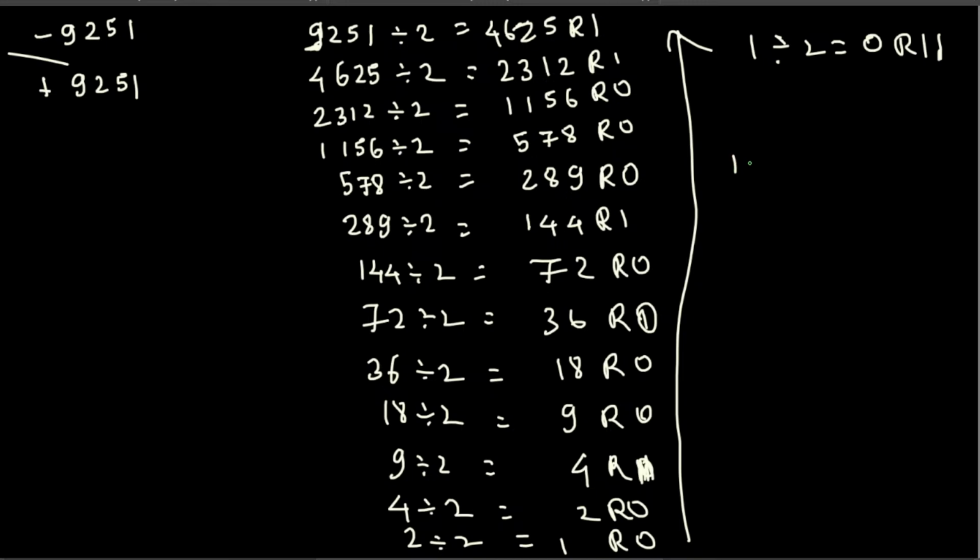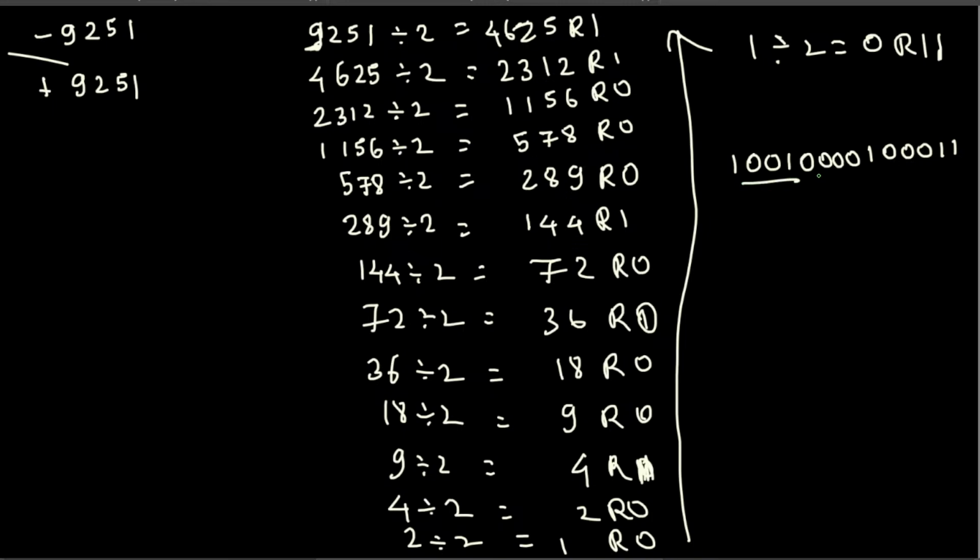So 1 0 0 1, 4 zeros, 1 0 0 1, and then 0 0 0 0, and then 1 0 0 0 1 1.